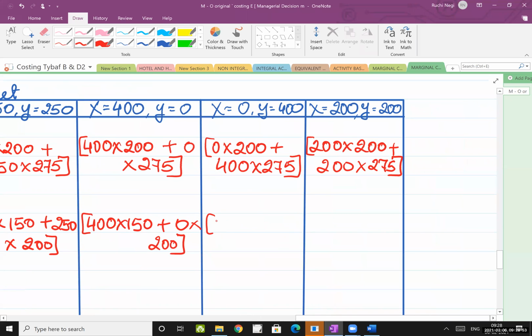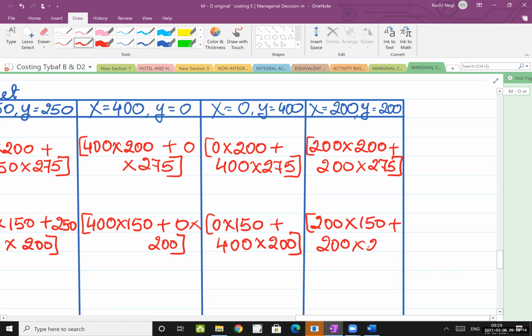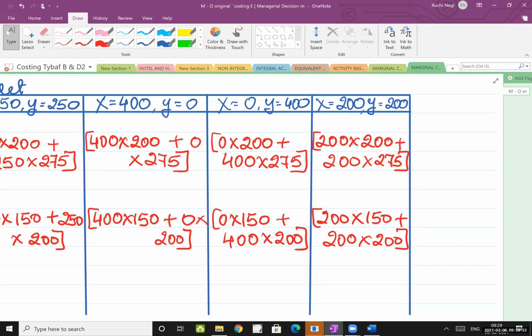Next, 0 into 150 plus 400 into 200. Next, 200 into 150 plus 200 into 200. Respective quantities multiplied with their respective rates.